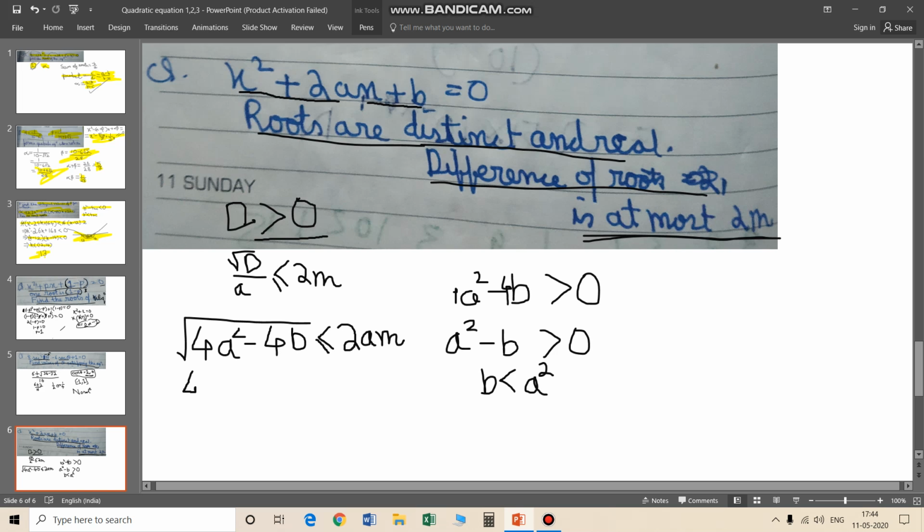Then it will be 4a square minus 4b is less than or equal to 4, wait. Got it. This a and this a are different. Again, students get very much confused in this step.